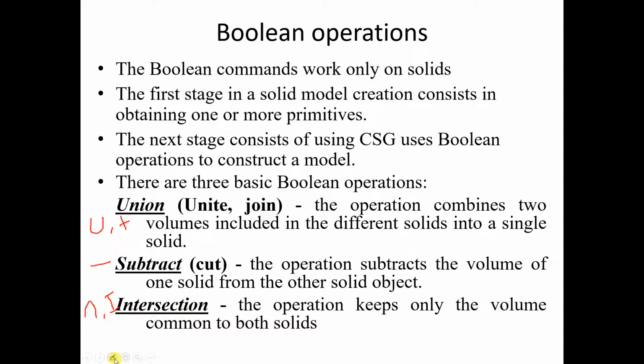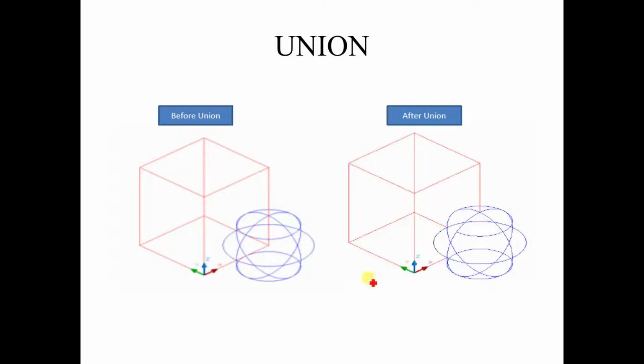Now we will see examples of the various Boolean operations. The first one is union. This is a solid model in wireframe diagram with two different solids, a cube and a sphere.